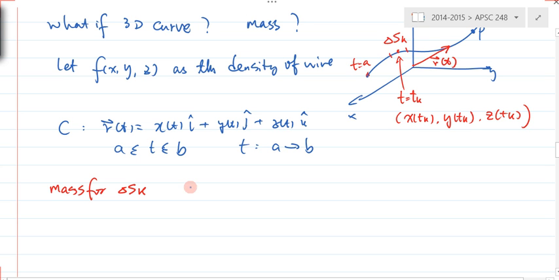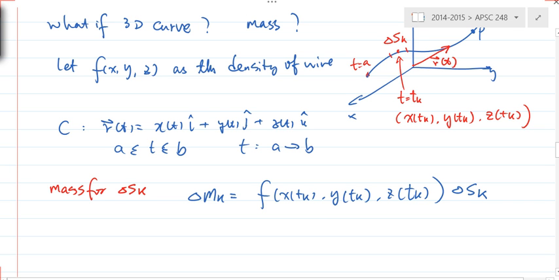So the density for that delta mk is the density at this location. The mass will be the density times the length, and the length right here is delta sk. Does that make sense? That's the mass for that particular segment.